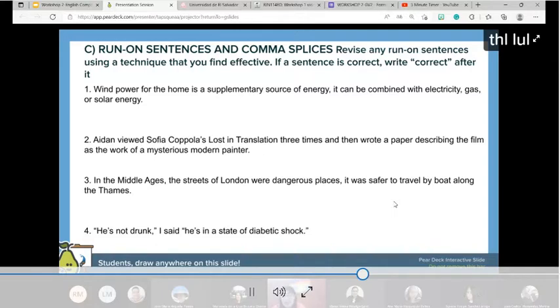Just adding when and keeping the commas. What do you think about that option? Sounds better.